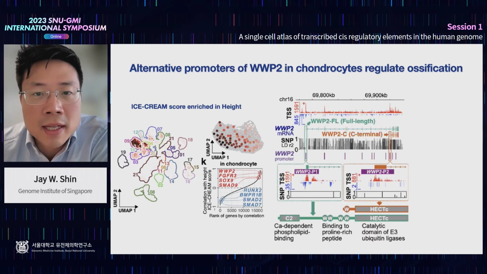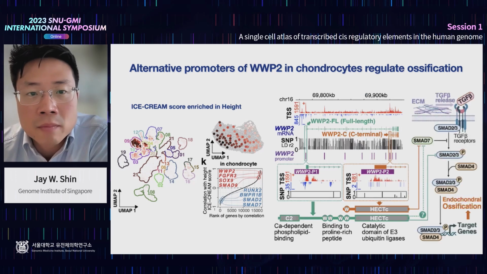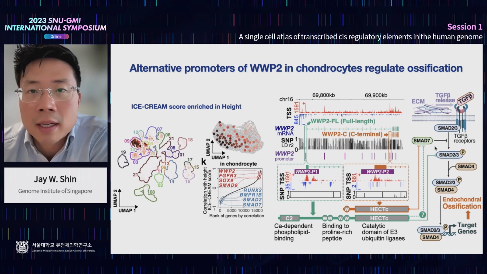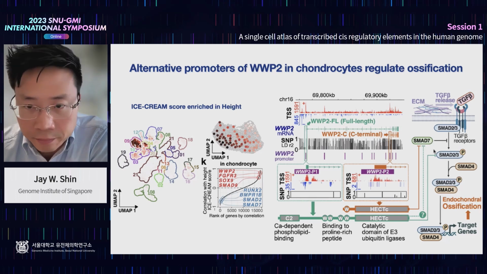What's interesting is that these two genes are actually in the same regulatory network, and SMAD7 can interact with various pathways to regulate ossification, which then causes the activation of chondrocyte growth.